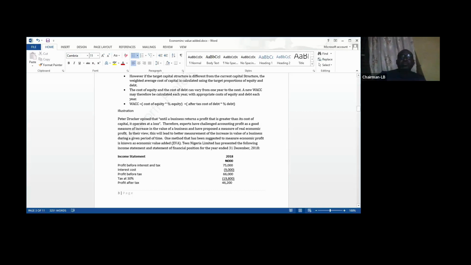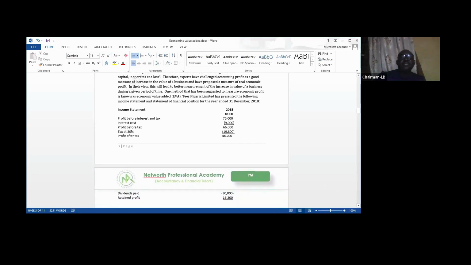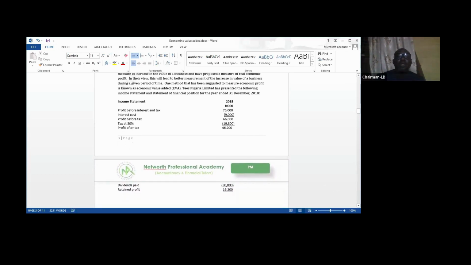TIS Nigeria Limited has presented the following income statements and statement of financial position for the year ended 31st December 2018. You have the income statement: profit, rental and tax, interest income, profit before tax, taxation, profit after tax, dividend paid, retained earnings.